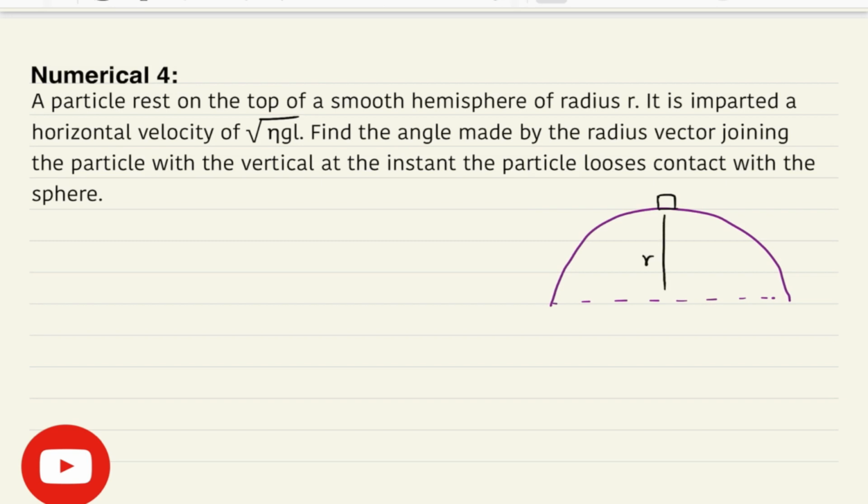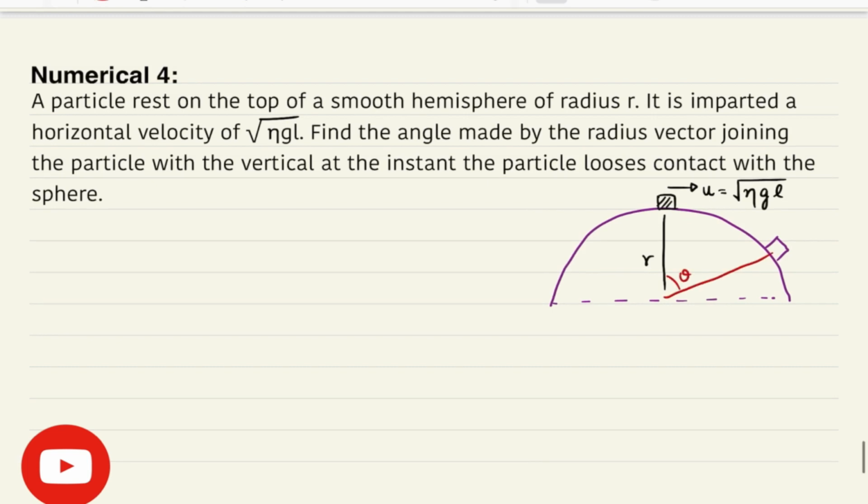It is imparted a horizontal velocity. So this particle gains some horizontal velocity. Let's say u is equal to root of gL. Find the angle made by the radius vector joining the particle with the vertical at the instant the particle loses contact with the sphere. Let's say somewhere here the particle loses contact with the sphere.